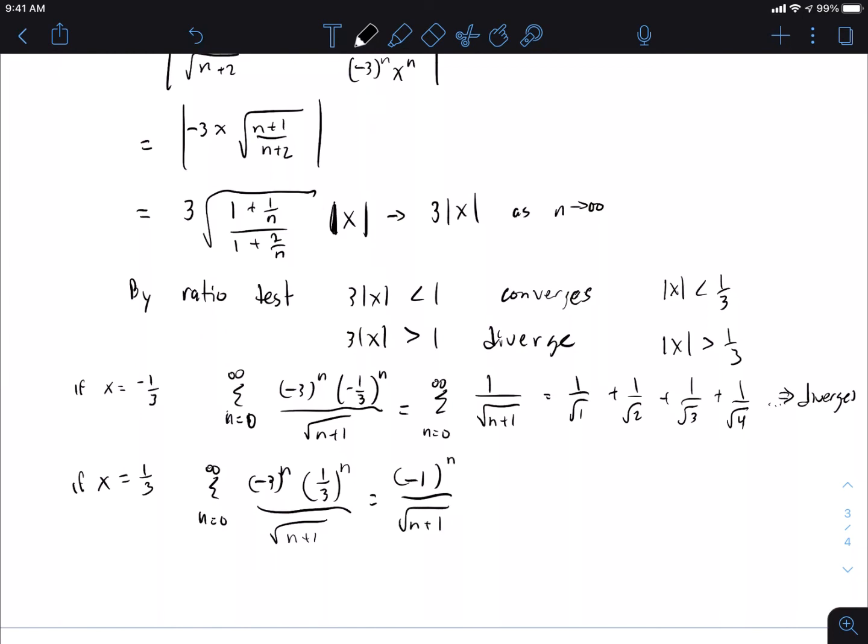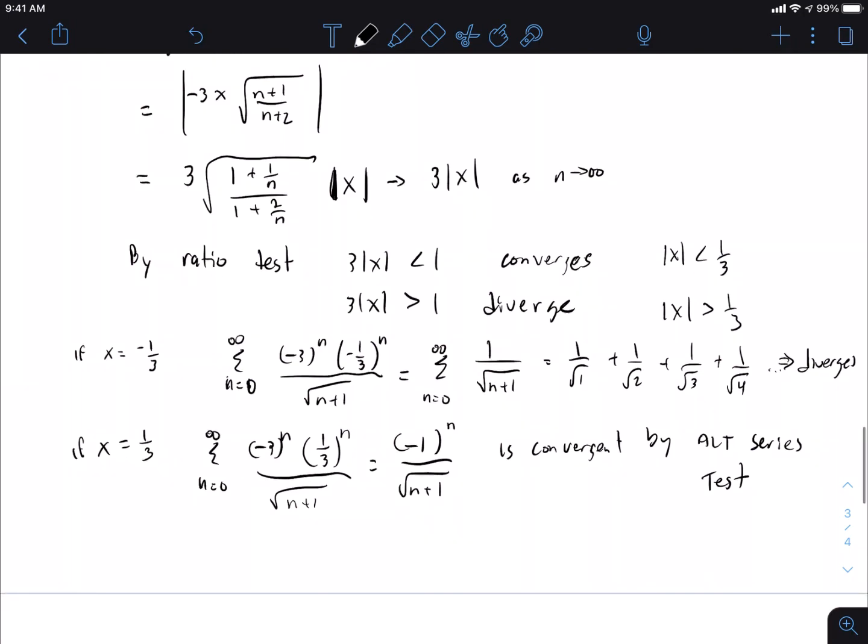And we know this one because of the 1/3 being able to not be a concern. We end up seeing that this one is convergent. And the reason it's convergent is by the alternating series test. And so we know 1/3 is included. So remember the convergence interval.